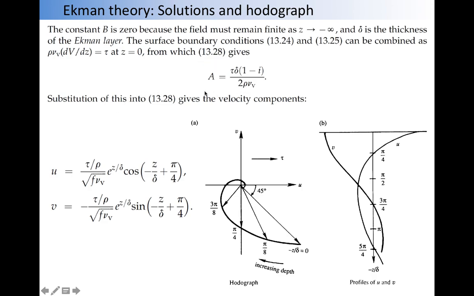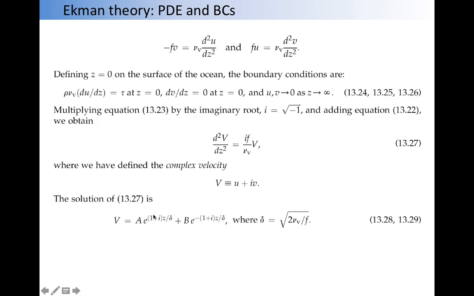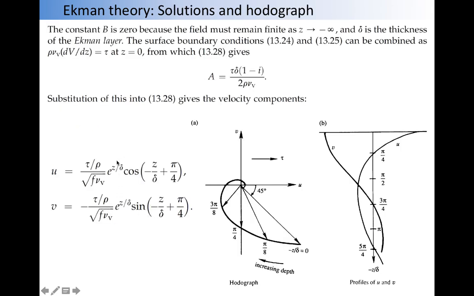So if you put A and B back into capital V, you can rewrite the equation for u and v as an exponential function of z over delta, which is the fractional relationship between depth and Ekman depth.